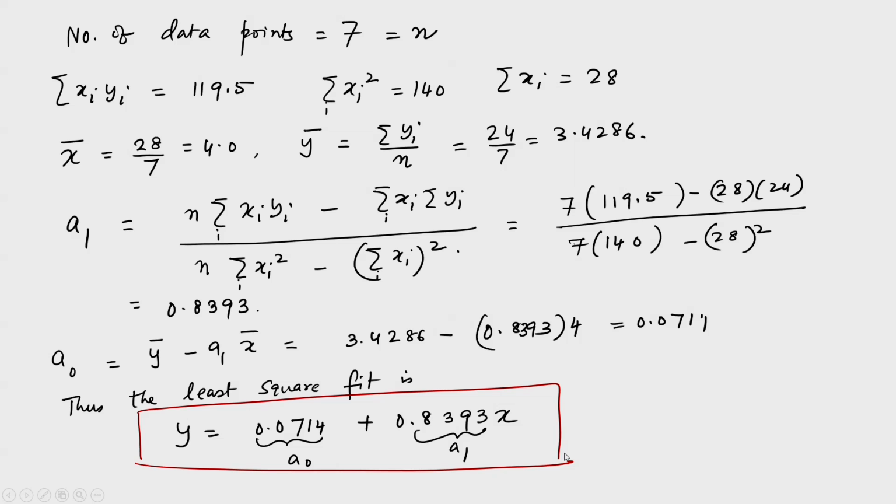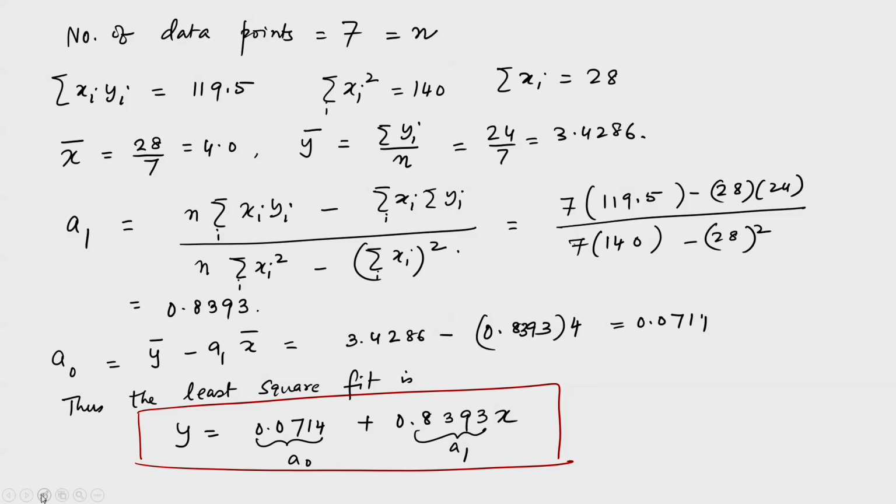But how do we know that this is the best fit line? This is the intercept and this is the slope that will fit the data, I mean this line fits those data the best.